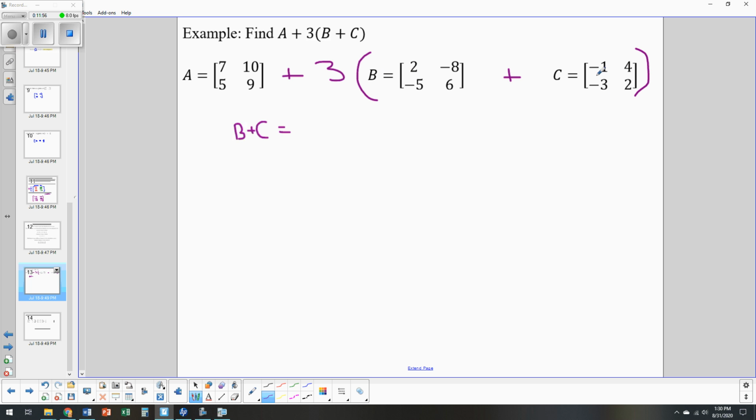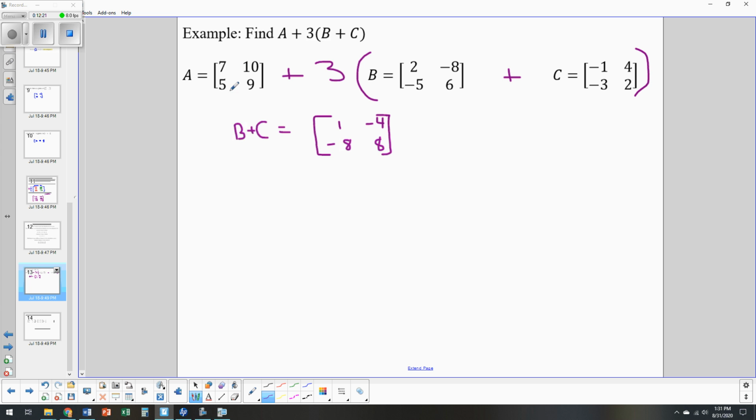So doing just B plus C, 2 plus negative 1, negative 8 plus 4, negative 5 plus negative 3, and 6 plus 2. So that is our B plus C.